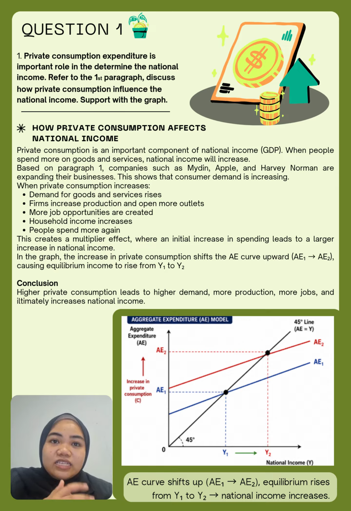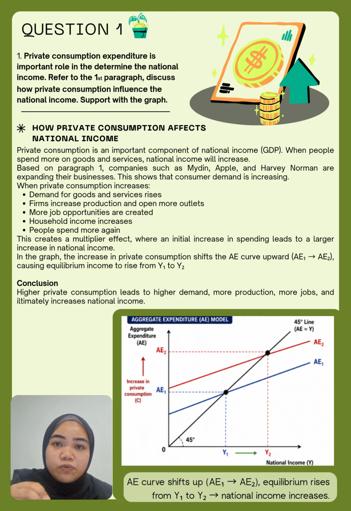Third, this creates more job opportunities and increases household income. Fourth, when income increases, people will spend more again. This continuous process is known as the multiplier effect, where an initial increase in spending leads to a larger increase in national income. We move to the graph part.